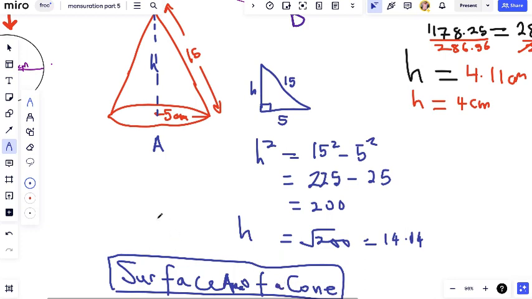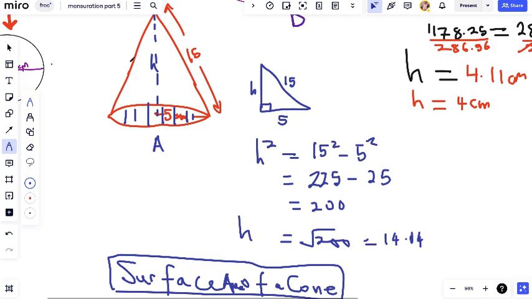It comprises the area of the circular base and the area of the curved face, or curved body.